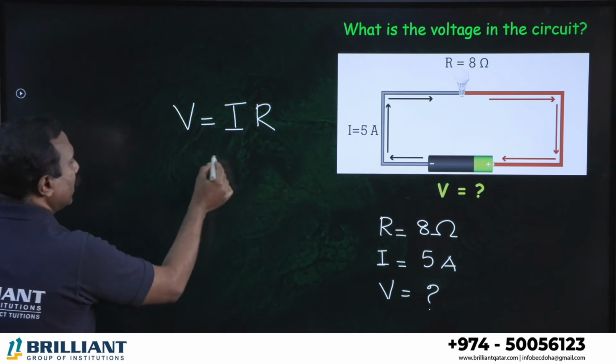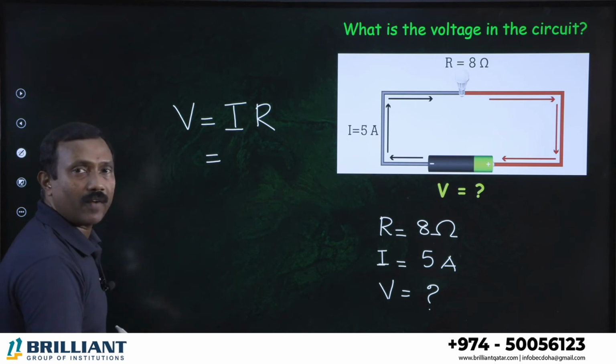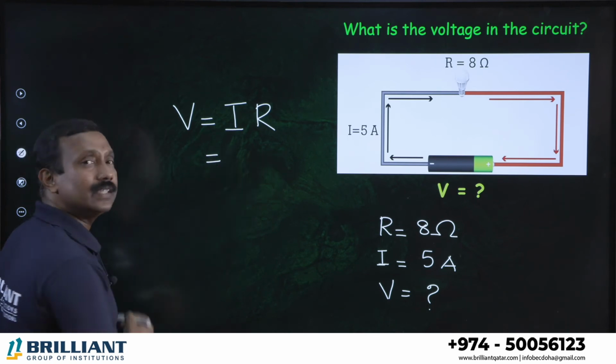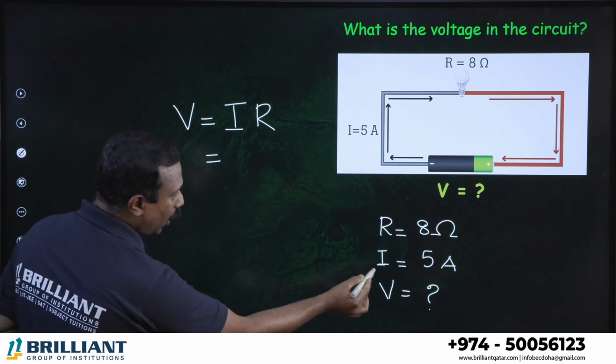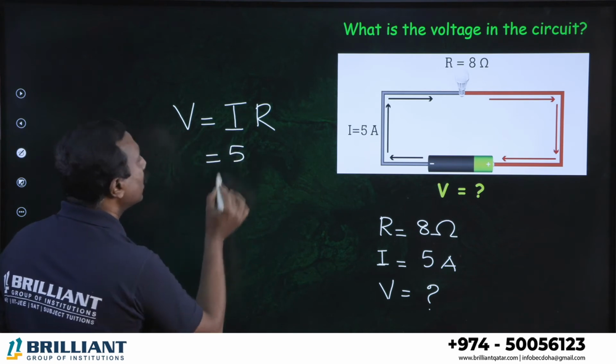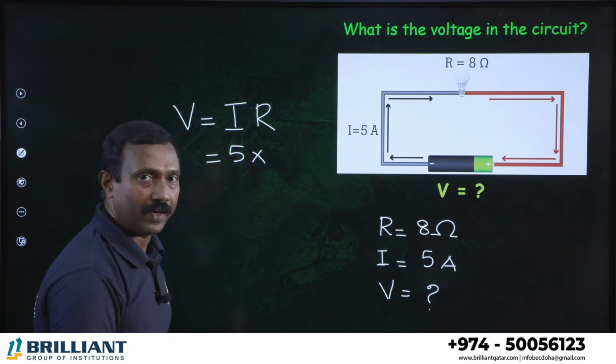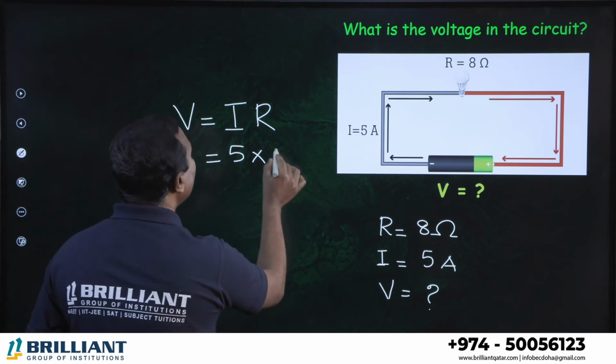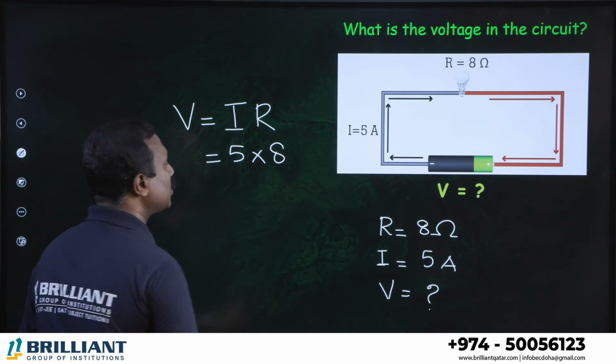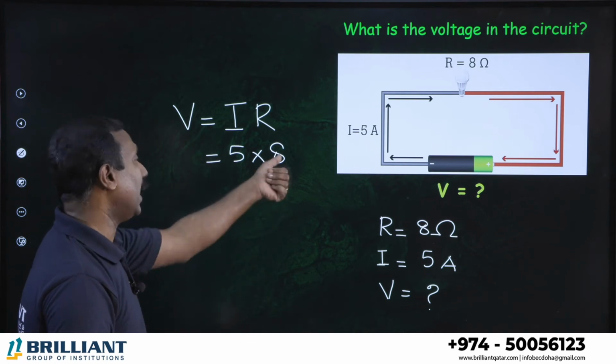So what is the value of I? Now we can substitute the values of I and R in this expression. See, I is equal to 5 amperes, so V is equal to 5 into, what is the resistance given here? It is given as 8 ohm. So we substitute the magnitude of the resistance as 8 ohm.